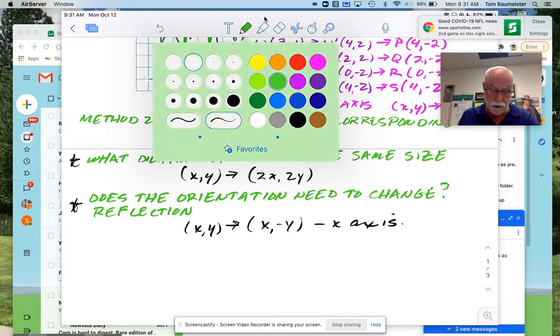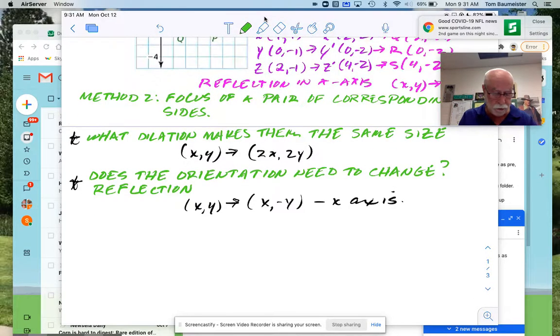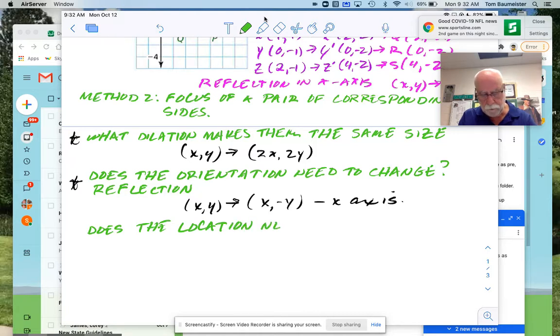There's two more, because remember, we have rotation and we have reflection. So our other ones we can ask is, does the location need to change? So if it's location, that would mean it would be a translation.